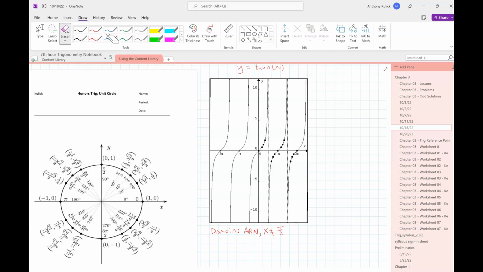And then I know that because this is periodic, the distance between the asymptotes is going to be the same. That distance between those asymptotes is pi. And I'm just going to slap a k onto that, where I'm going to say that the k is any integer value. So what are we really saying when we say pi over 2 plus pi k there?